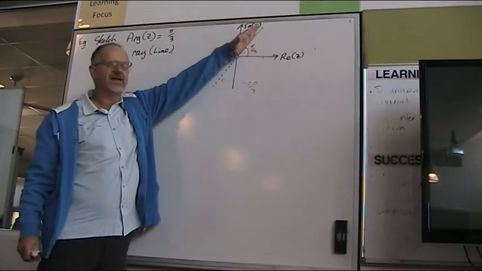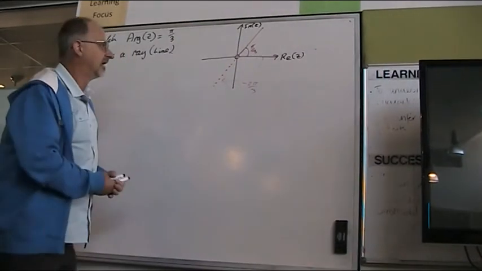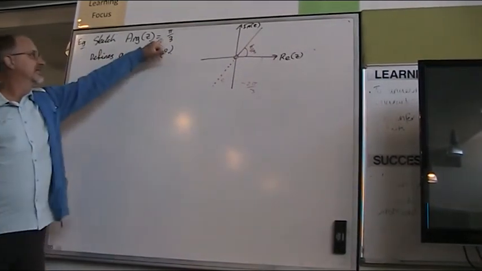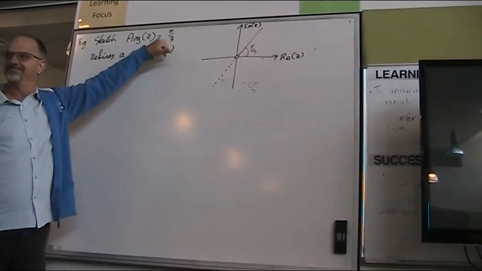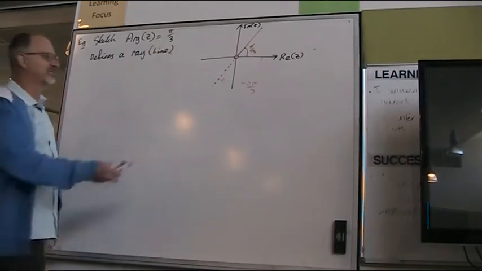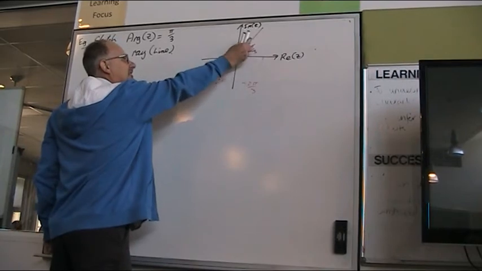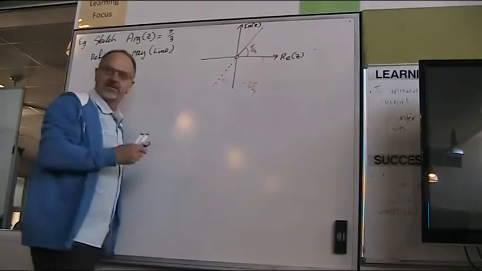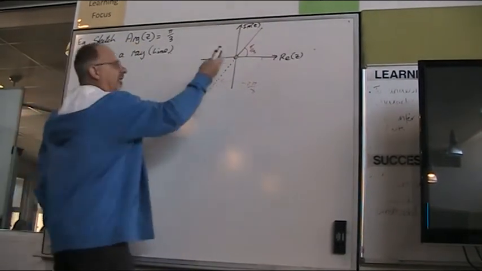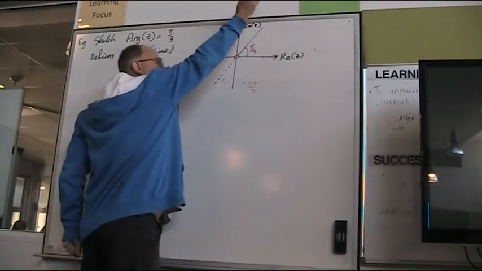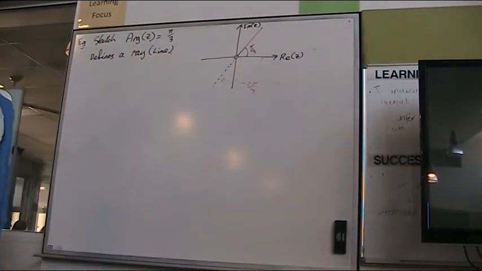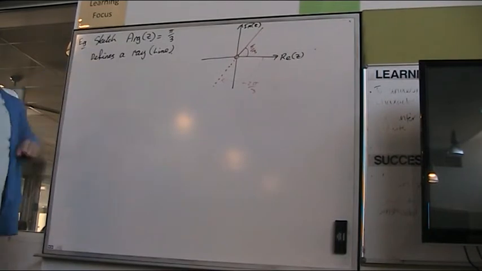You wouldn't turn negative pi on 3 either. No, because it doesn't say negative, does it? It only says positive. So we can only turn pi on 3, and if we turn pi on 3, we're facing in that direction, aren't we? So anything along there where we're facing fits into this.